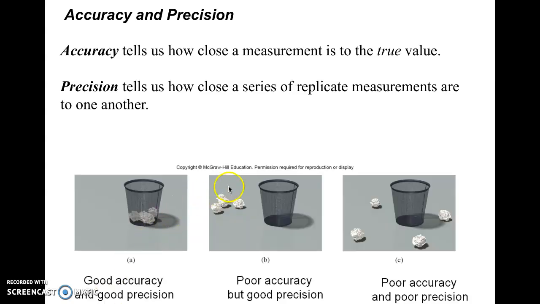And we have an example here to help you visualize this. If someone threw 4 pieces of paper into a trash can and got them all in there, then that's good accuracy and good precision. If they threw them all and they ended all up on the left side but none in the basket, it's good precision but poor accuracy. And if they're just spread out all over the place, it's poor accuracy and poor precision.